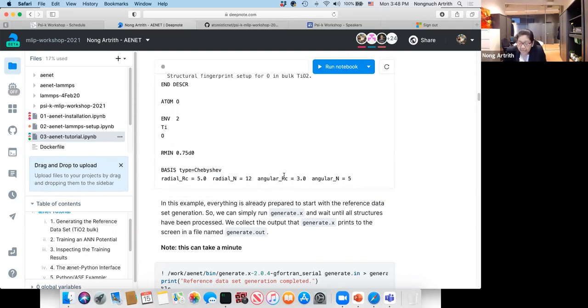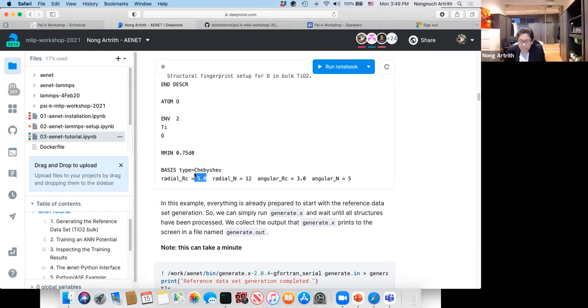From my experience, the radial descriptors, the RDF, are more important than the angular descriptors, but you can also play around, because a larger distance also takes more CPU time. This is just for the tutorial. In realistic cases, we use 6 to 8 angstroms.